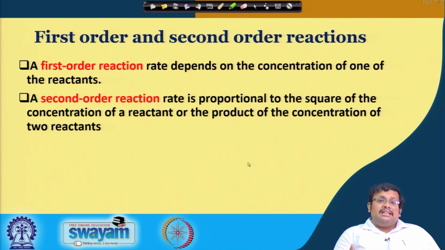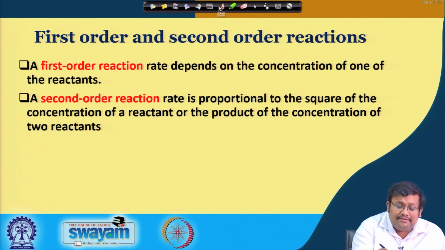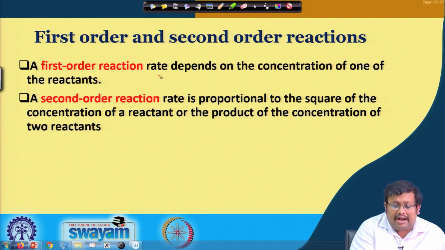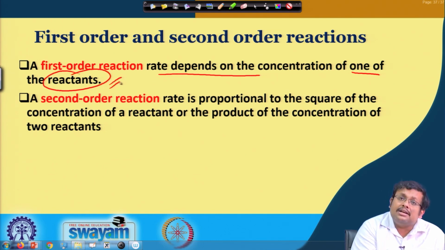However, a second order reaction rate is proportional to the square of the concentration of a reactant or the product of the concentration of two reactants. So, basically in case of first order reaction, the rate depends on the concentration of one of the reactants. Here products are not considered.